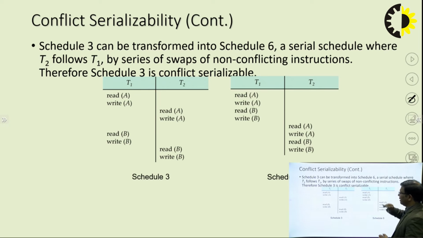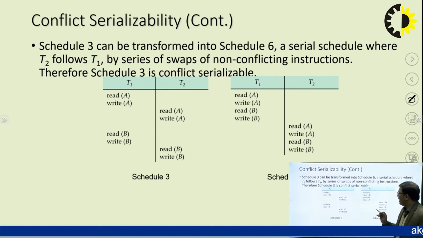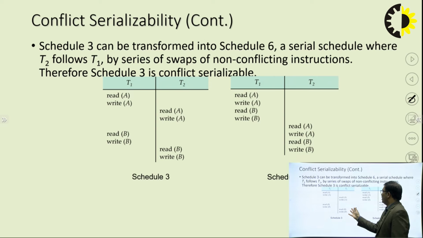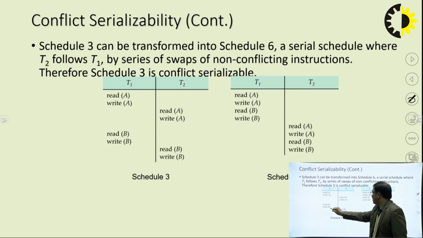Let's take an example. This is a case where T1 and T2 are concurrent. This is a serializable schedule, and this schedule is a serial schedule. We have swapped some variables, like read B, from this side to this side.